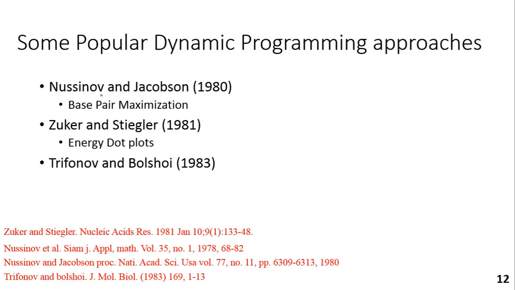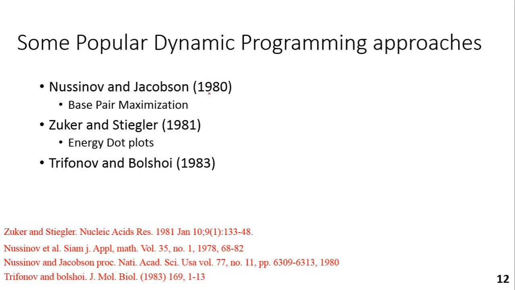The very first one that was proposed was from Nussinov's group, and the very popular method that came into use was the base pair maximization method that Nussinov and Jacobson proposed in 1980.